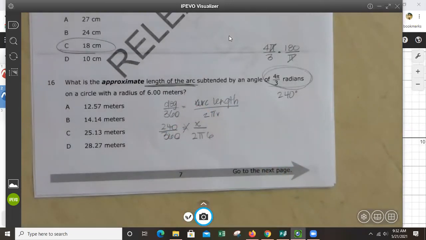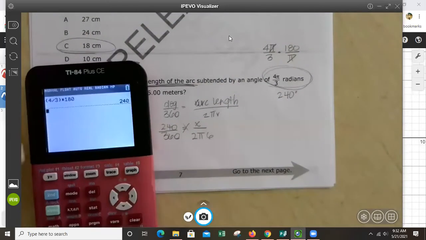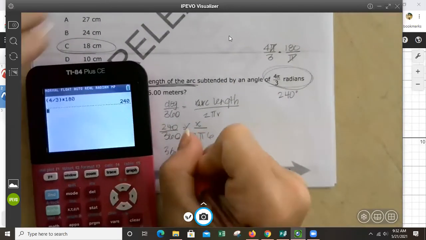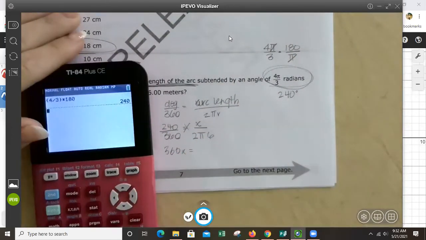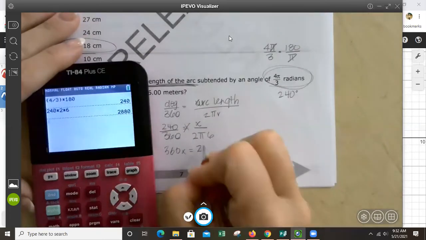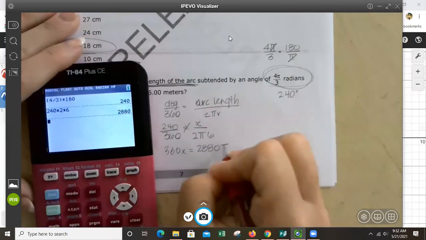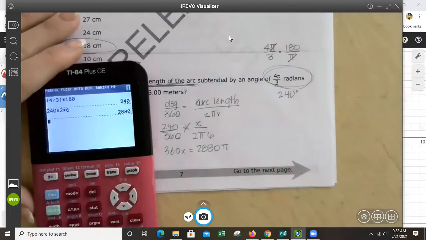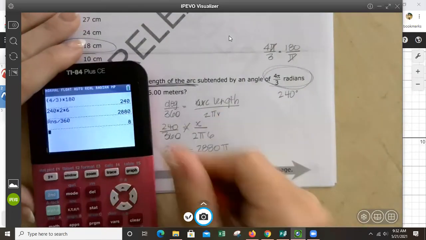We're going to cross multiply, and they do not have it in terms of pi, so you can do decimals throughout. I just like to leave it in terms of pi till the very end. So I get 360 times x is 360x. 240 times 2 times 6 is 2880 pi. Divide that by 360.